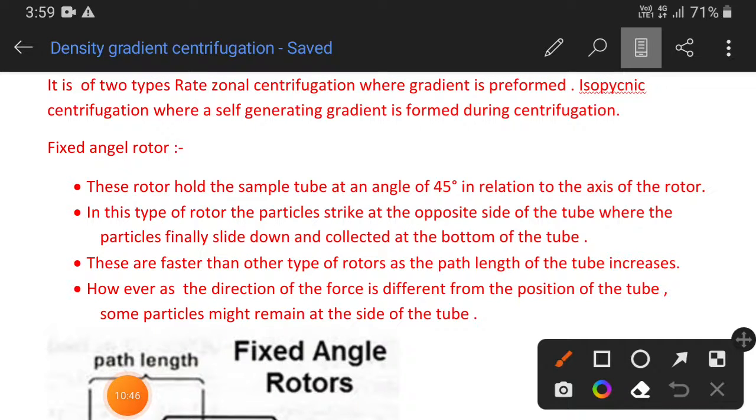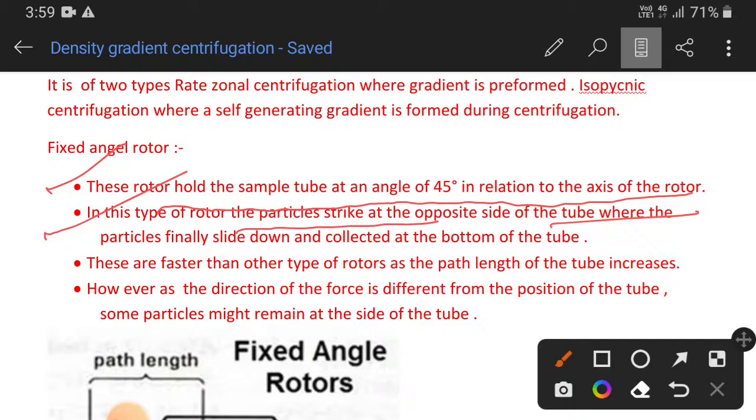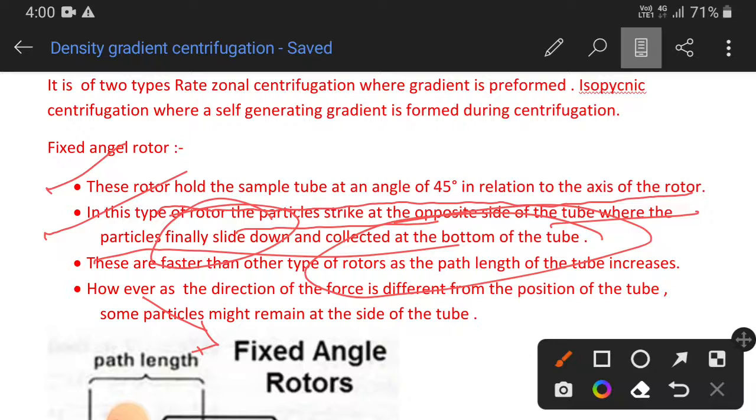So here I have written, this rotor holds the sample tube at an angle of 45 degrees in relation to the axis of the rotor, and in this type of rotor the particles strike at the opposite side of the tube, as I have explained, where the particles finally slide down and are collected at the bottom of the tube. That means for reaching the bottom they have to slide down from that side on their own.